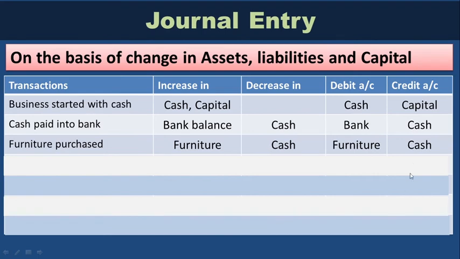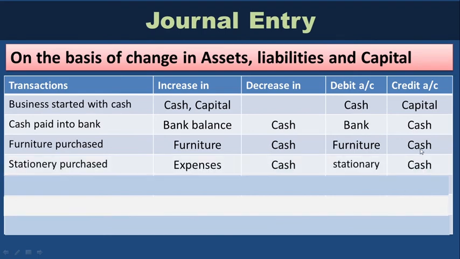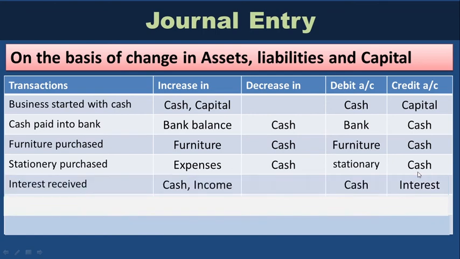Cash is decreasing, so cash is credited. The next, stationery purchase. While purchasing stationery, it increases expenses and decreases cash. When expenses increase, by the rule we debit the expenses. So stationery account is debited here, and as cash is getting decreased, we are crediting the cash.